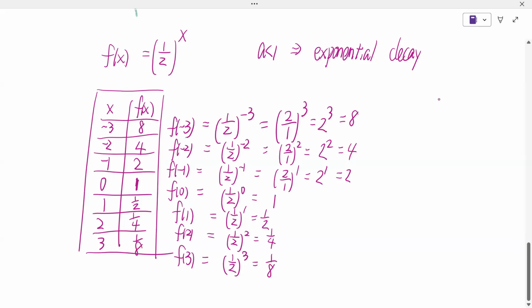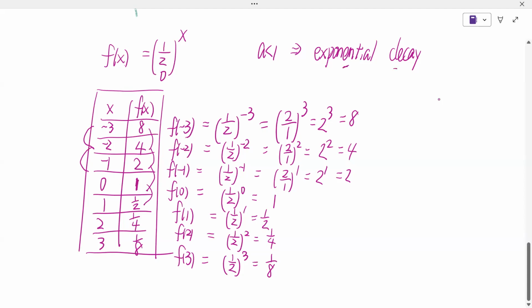Now, once we have all this, again, there's a pattern here. As x increases by 1 unit, 1 unit, then the y value becomes half, half, half, half, half, right? So this base determines the rate of the growth.